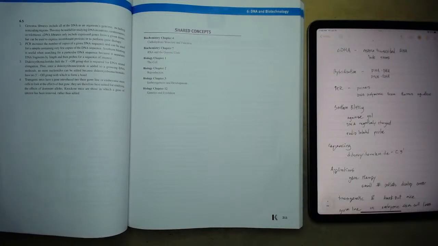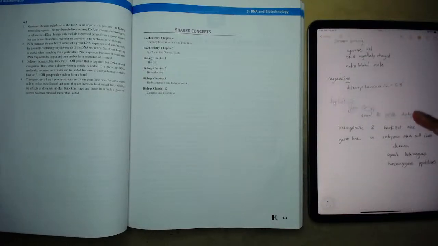Number 4, transgenic mice have a gene introduced into their germline or embryonic stem cells to look at the effects of that gene. They are therefore best suited for studying the effects of dominant alleles. Knockout mice are those in which a gene of interest has been removed rather than added.